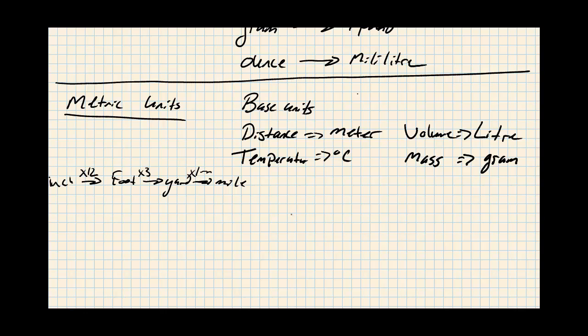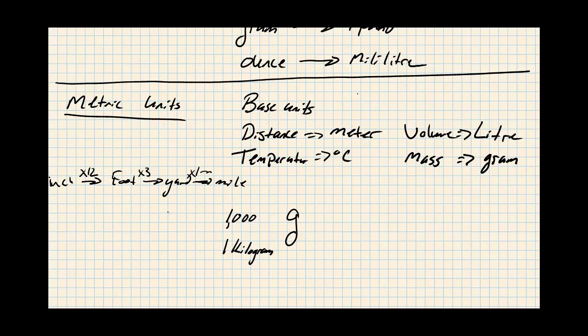If you started with a gram and you wanted to take it up a notch, okay, you could say you have 1,000 grams, and you could write that out as 1,000. Or you could say that you have 1 kilogram.